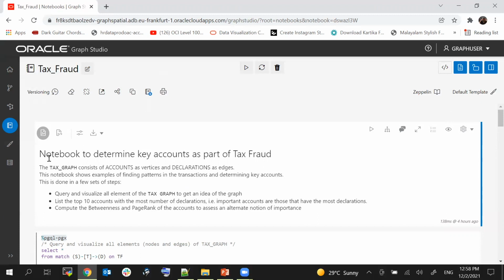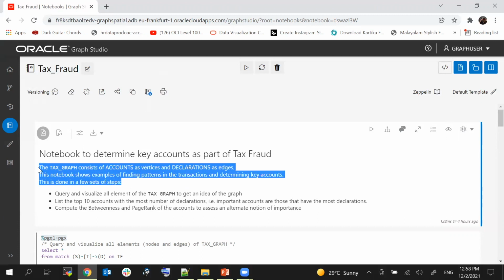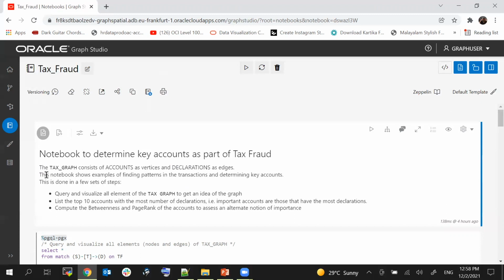In this case, I've just given a brief introduction for the heading for the tax fraud, and I have the information like what forms my nodes, what forms my edges, why I am using this notebook, and what type of elements from Oracle Graph I have used in this particular graph.